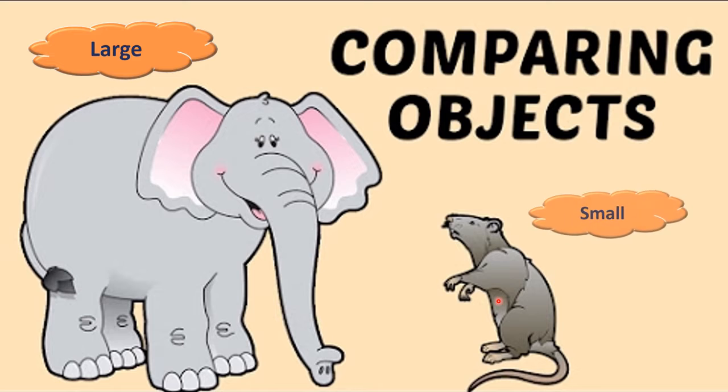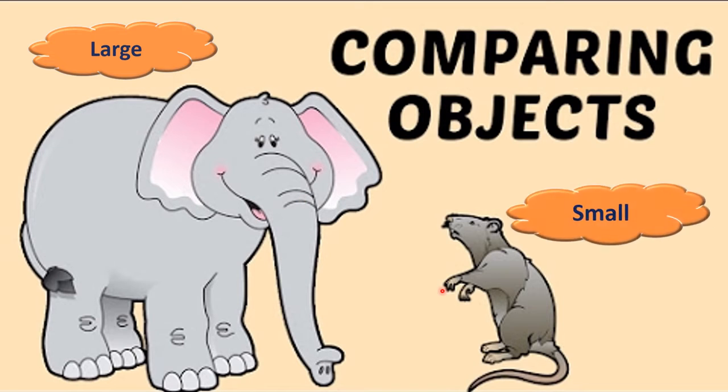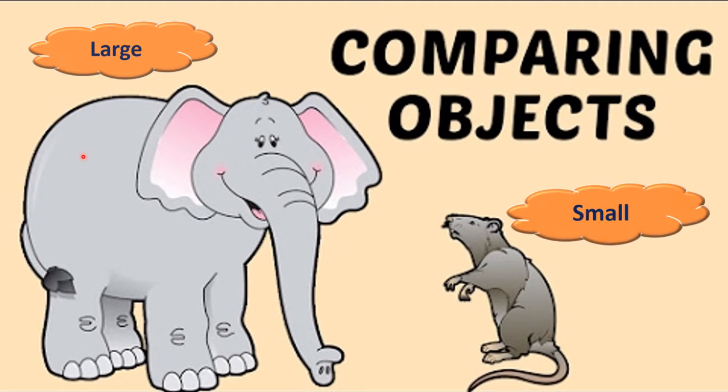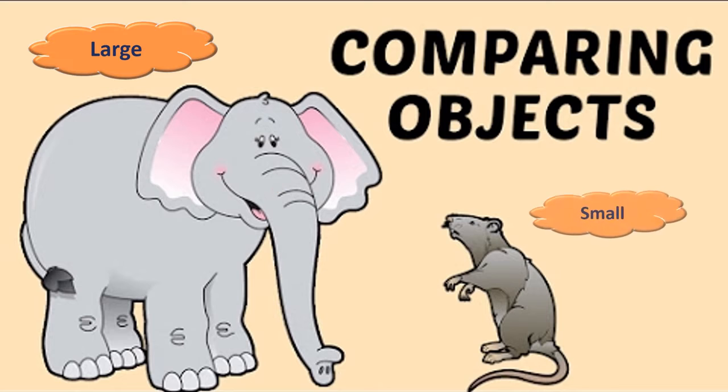This is a tiny animal or a small animal. Here we are comparing these two animals on their sizes. Correct? This is nothing but comparison. Got this, children? By comparing, we can say that this is large and this is small compared to this elephant. Okay?